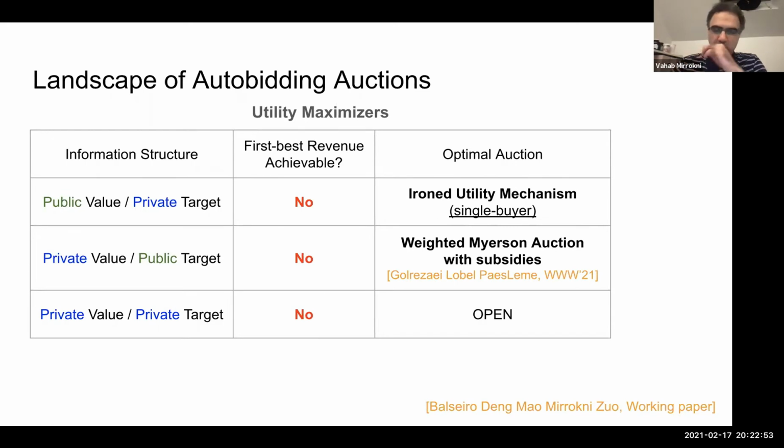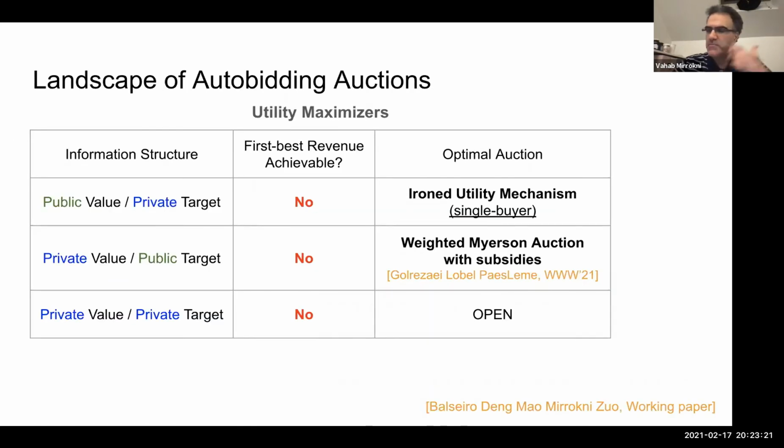For utility maximizers, on the other hand, the story is more complicated and not as clean. It's not possible to achieve first best revenue. We can characterize the optimal auction in this paper and basically extend the results from another paper by my colleagues here. And it remains open to solve the problem in the case that both values and targets are private.